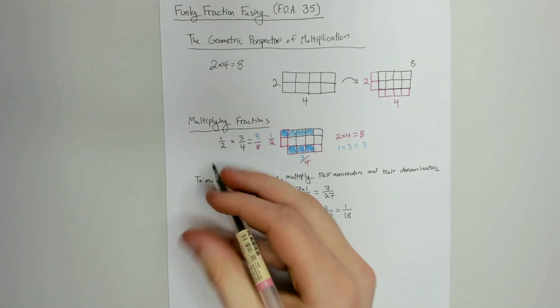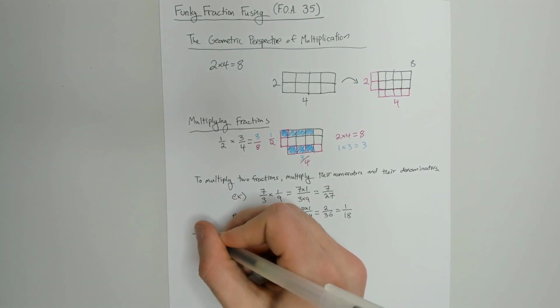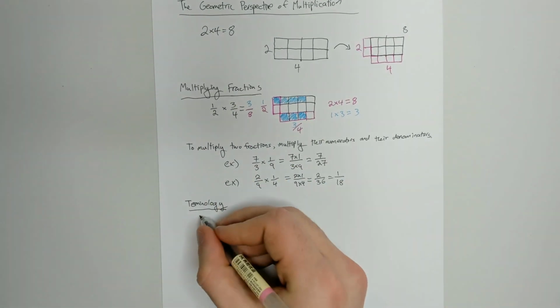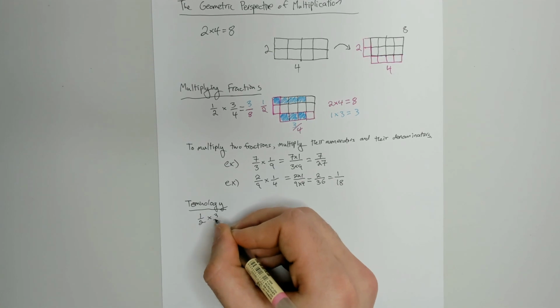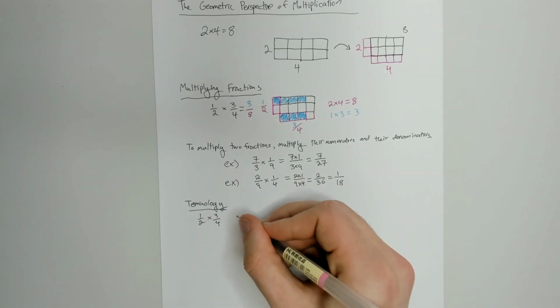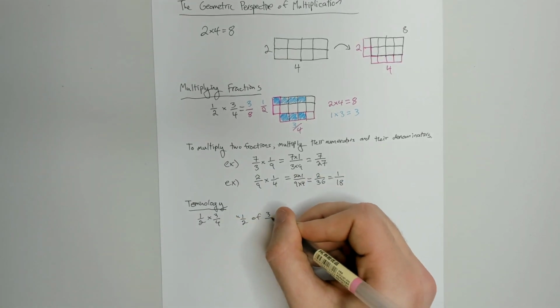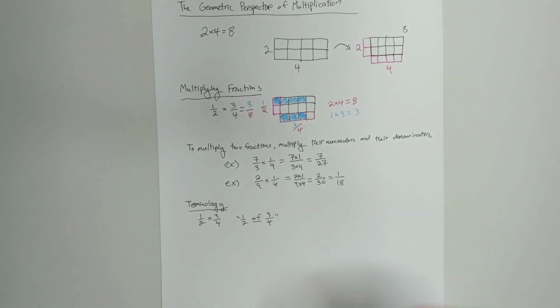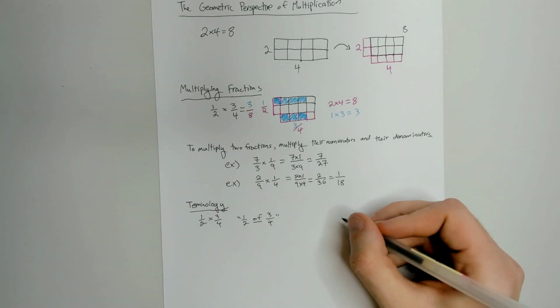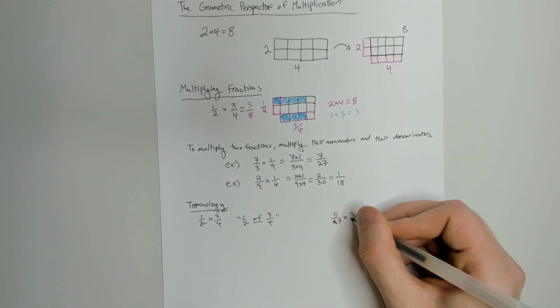And just a little bit of terminology with multiplying fractions. If I have something like a half times 3/4, this is often read as a half of 3/4. So the term "of" here is used to denote multiplication. So if I said, what's 5/7 of 2/3, that would be me saying 5/7 times 2/3, right?